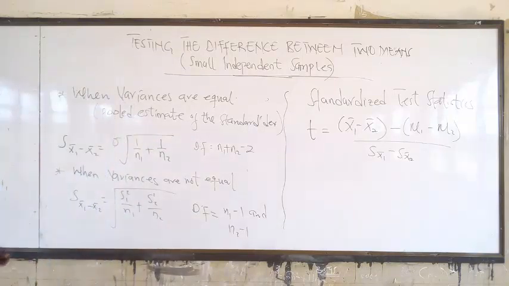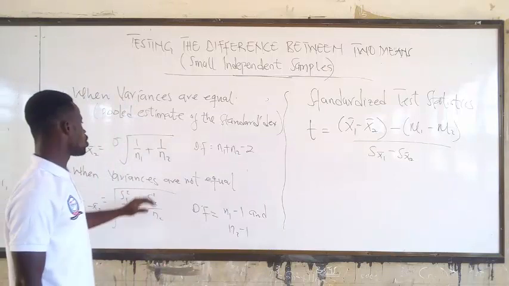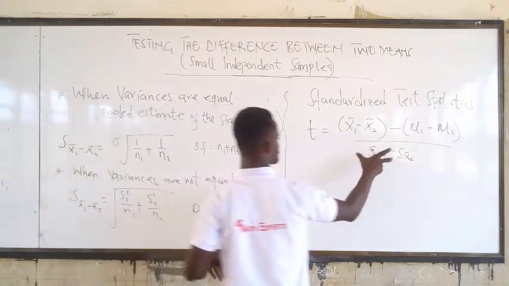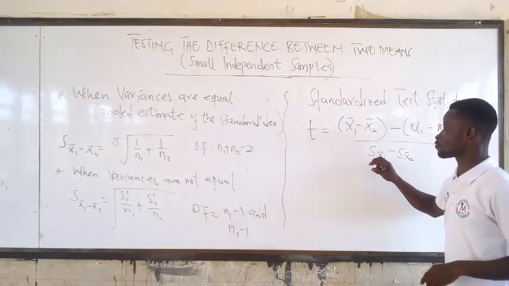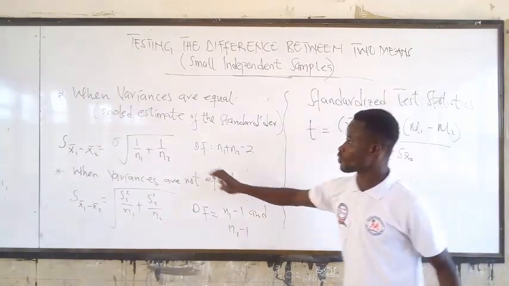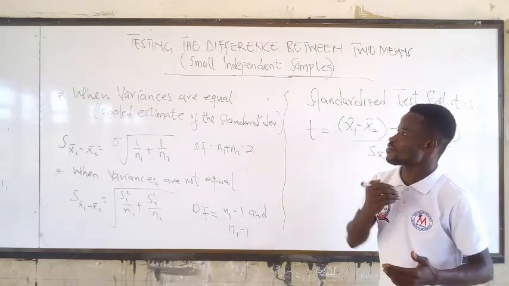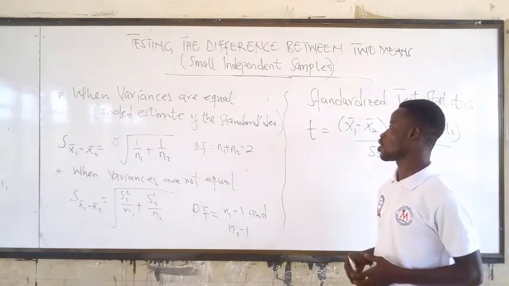So when the variances are equal, you will use this here. Instead of writing this, you will write this one rather. Please understand this is when the variances are equal.